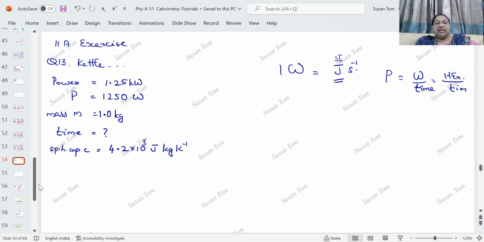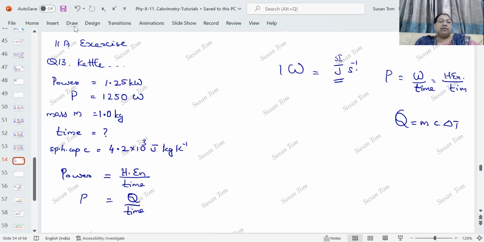So we will use the equation power is equal to heat energy Q over time. P is equal to Q upon time. Now, what is Q equal to? MC delta T.